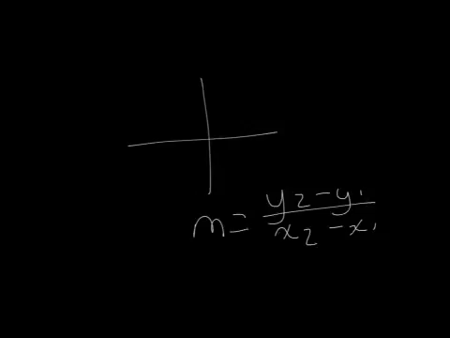Let's say we have a line that has endpoints at the origin, which is 0, 0, and at, we'll say, 4, 4.